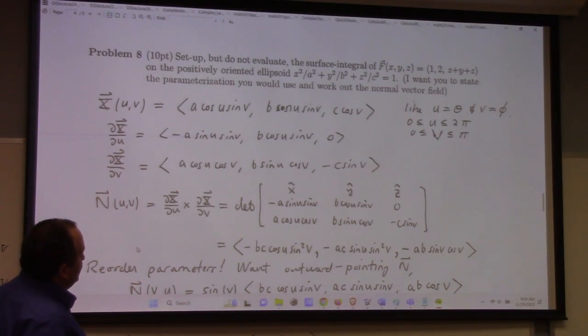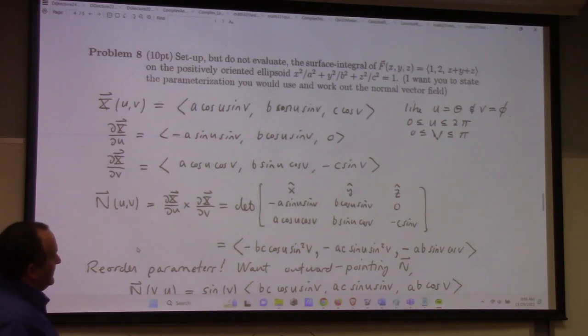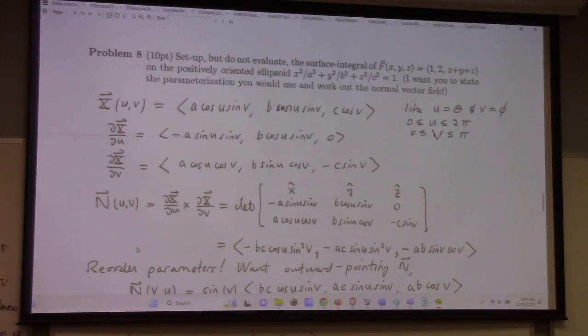Now I do usually ask some question where you actually have to parameterize something. I feel like at this point in the course we've done enough things that you should have gained some understanding of how to parameterize things. And so I want to test some on that to give you some recognition of the work that you've done. But a lot of times I just give parameterizations.